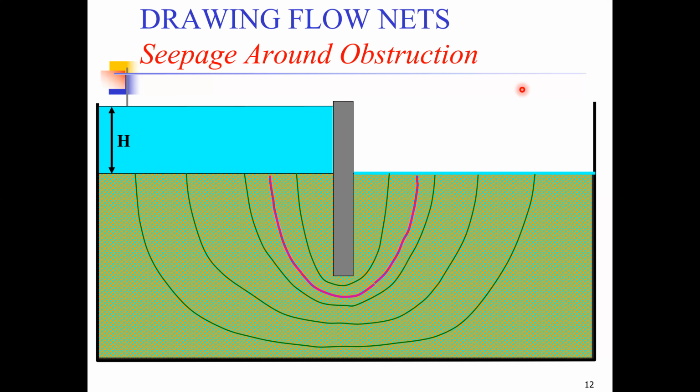And once you have drawn all the flow lines, you simply have to first locate the first equipotential line, which will be parallel to the permeable boundary, and the last equipotential line, which will be parallel to the last permeable boundary. And then simply by following geometry, you can draw the rest of the equipotential lines, which should be relatively simple.